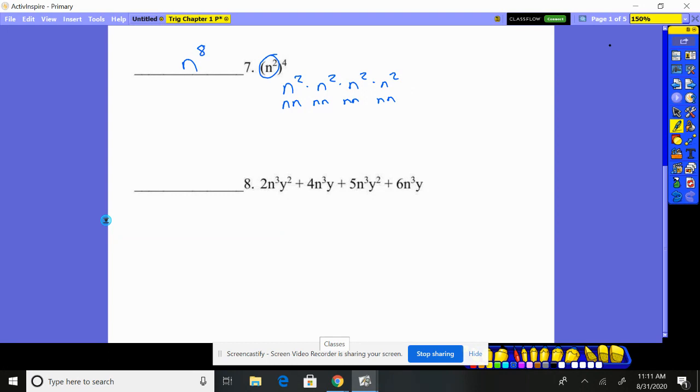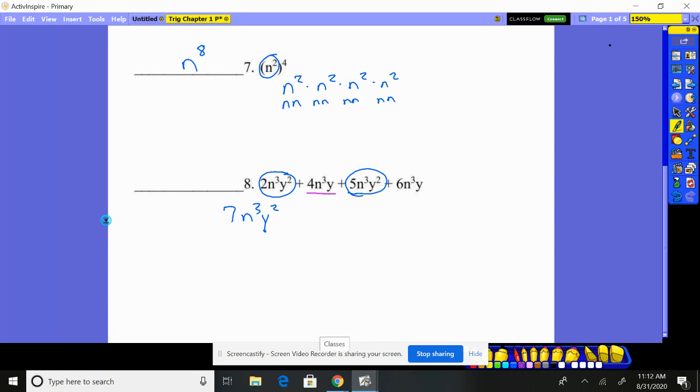The next one is just saying, hey, add a bunch of things. There's no multiplying. You do have 2n^3y^2, but we're just putting together. Do you see any other n^3y^2? Here's an n^3y^2, and there's no more. So how many do you have? You have 2 of it plus 5 of it gives you, I'm just going to write the answer here, 7n^3y^2.